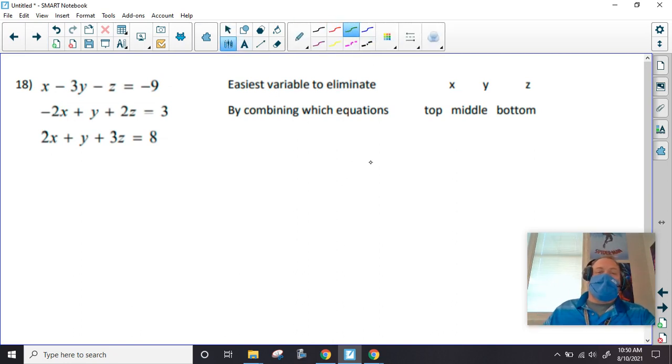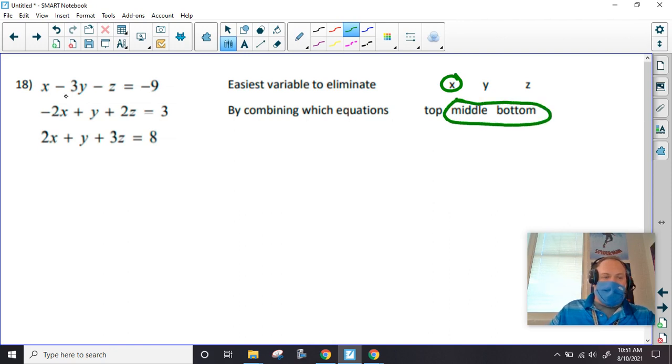All right. Look at number 18. We're looking into it deeply. I'm looking for the same terms, different signs. Which one pops out at me? Which is the easiest one to eliminate? This would be X. By combining which 2 equations? Middle and bottom.